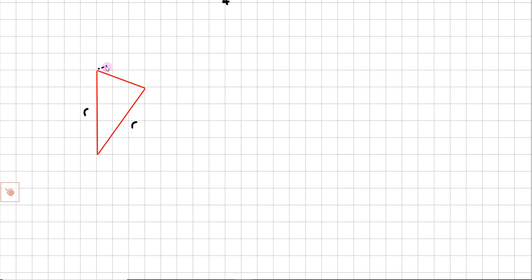So what I've done is, if I consider this a section of a circle, well, that's the radius and that's the radius. Here's the arc, okay? If I wanted to know the area of a sector, the area of the entire sector, not just the triangle bit, what would it be?